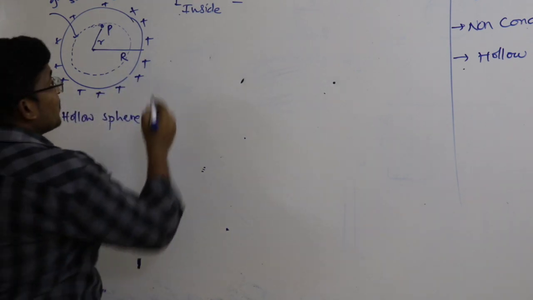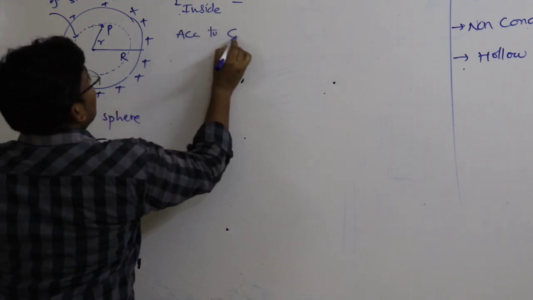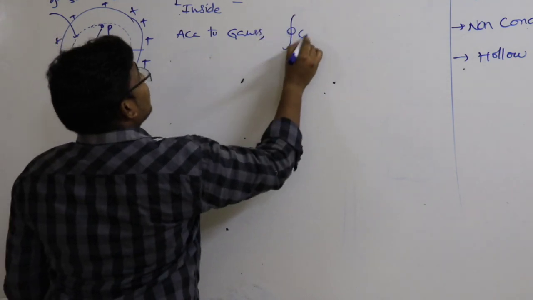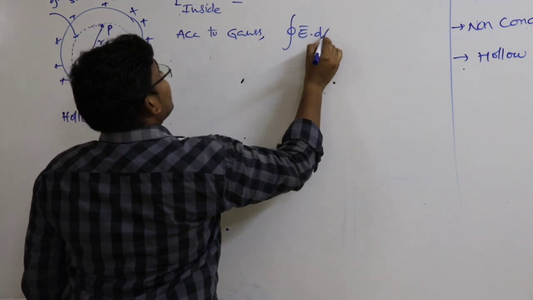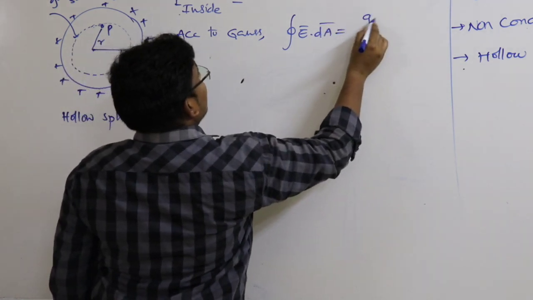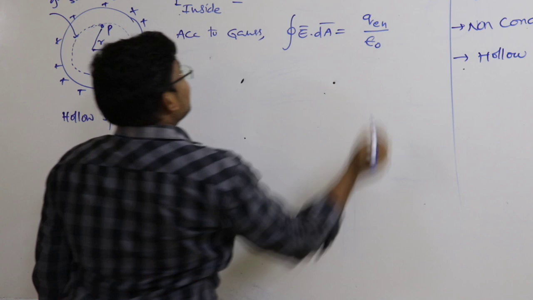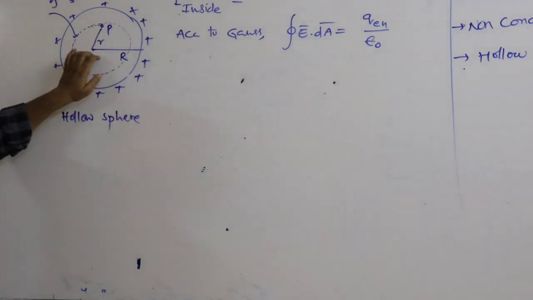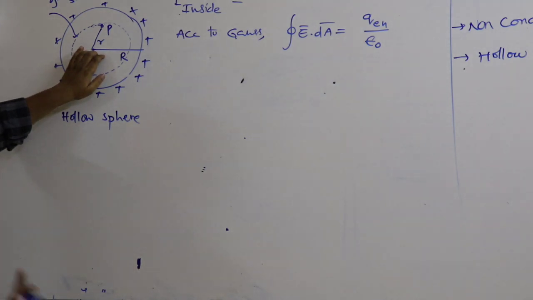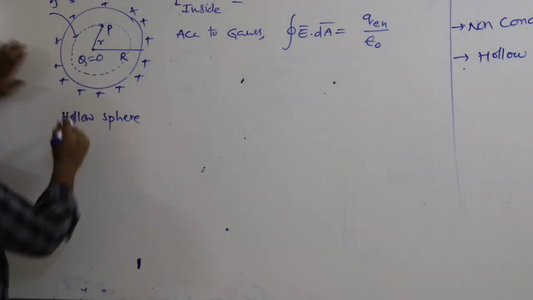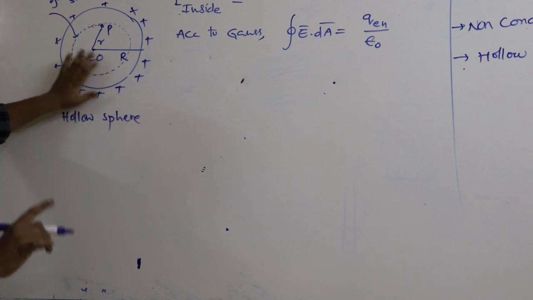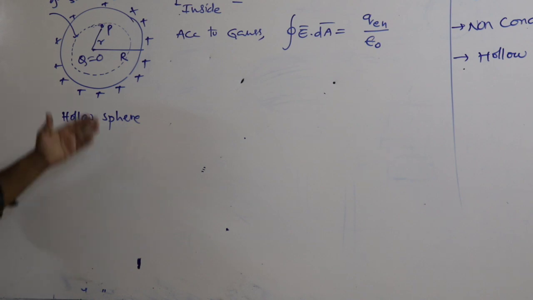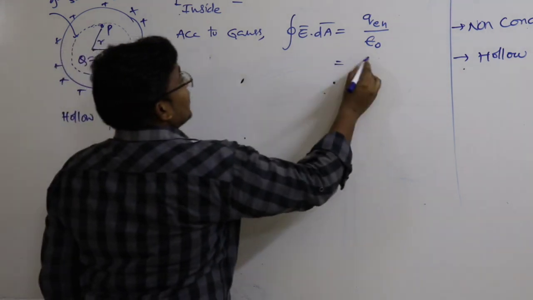Now, how to find the electric field? Apply Gauss law. According to Gauss, the closed integral of E dot dA is equal to the charge enclosed divided by epsilon naught. In this Gaussian surface, is there any charge enclosed? No, because the charge enclosed is 0 in the hollow sphere. For a hollow sphere, charge is present on the outside only, no charge inside. So I take this as 0.